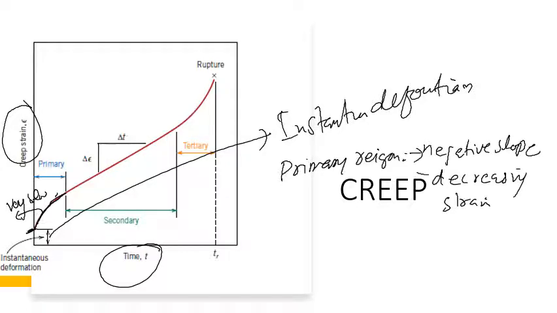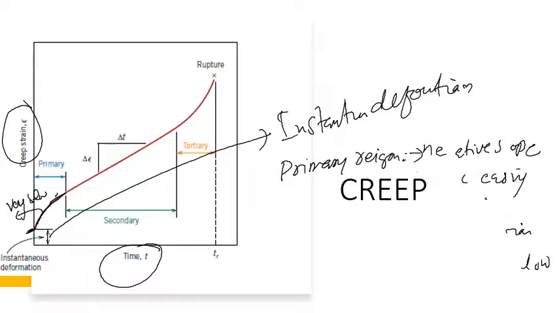These are the characteristics of the primary region, right? And one more thing we observe here is that the deformation is very slow. So this is the primary region.